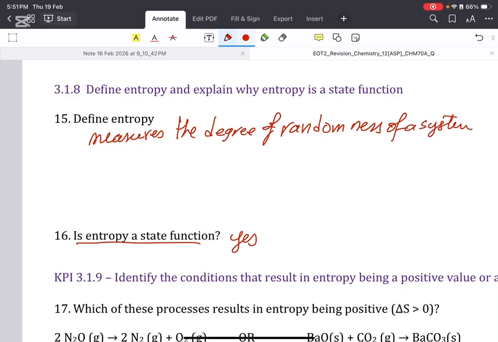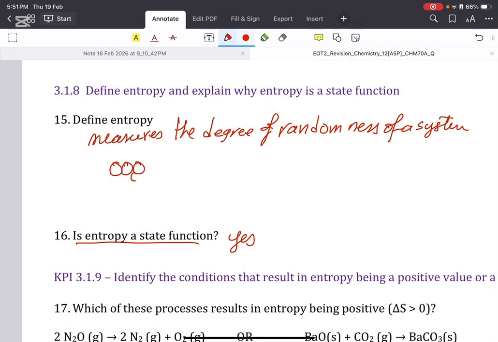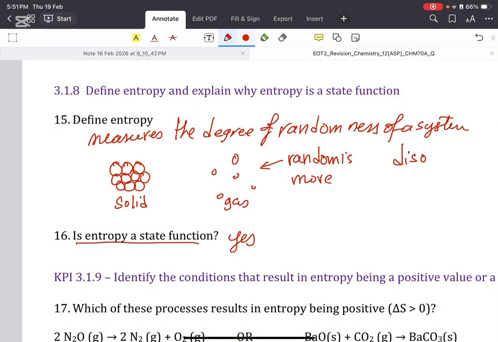For example, if I have a system that is solid, the particles are arranged in a perfect arrangement. If I compare it to a gas, the randomness, or the chaos, is more. So entropy is this randomness. It measures the degree of disorder of a system, how much a system is disordered.